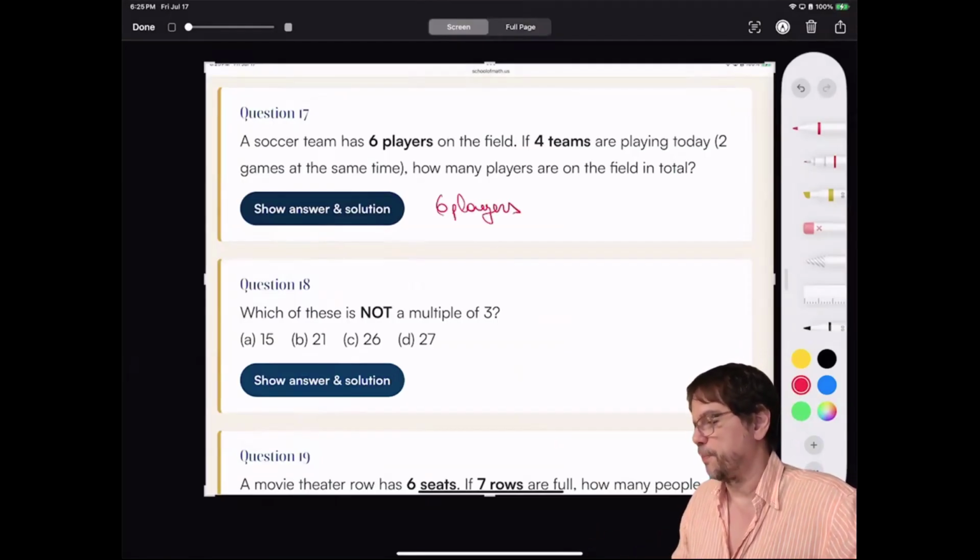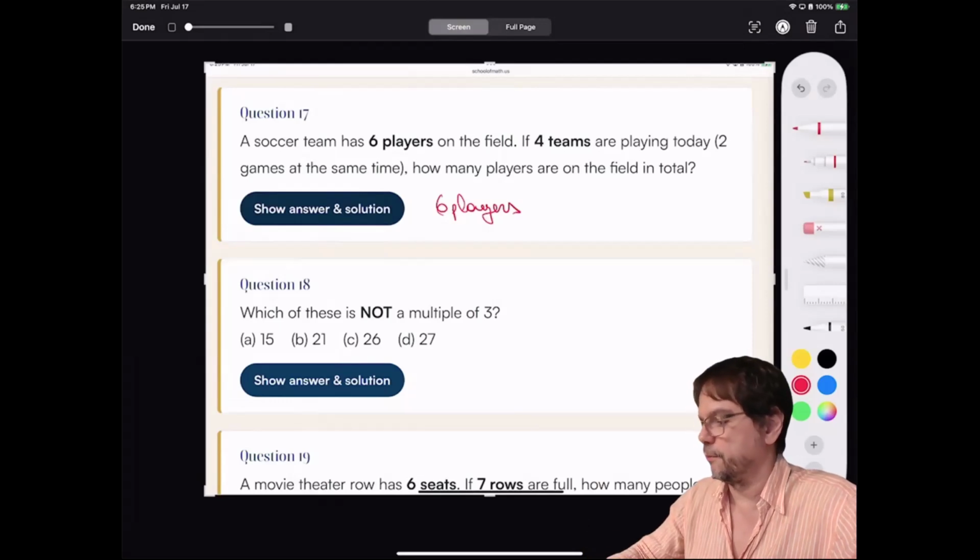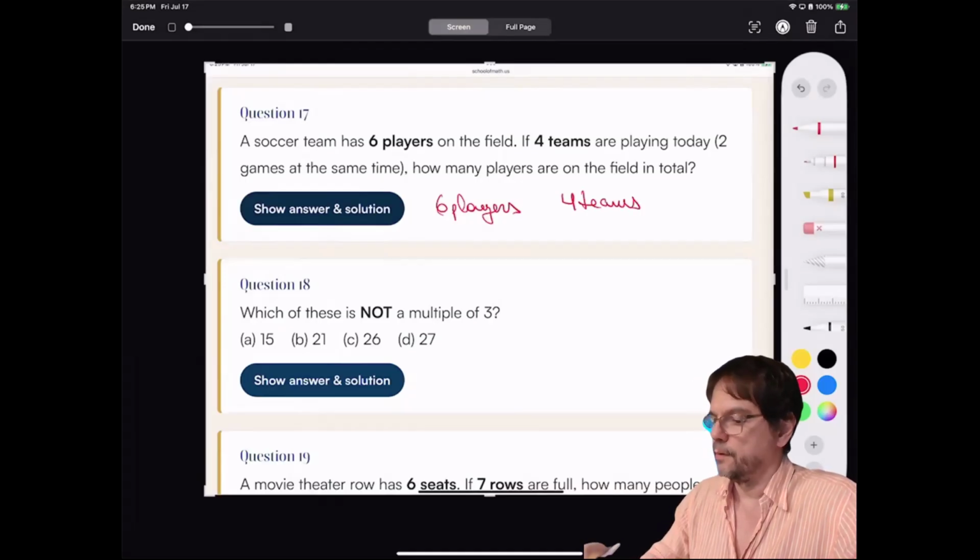If 4 teams are playing today, 2 games at the same time. Okay. How many players are on the field today?